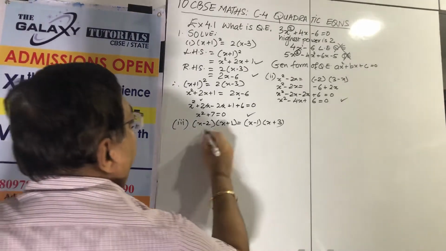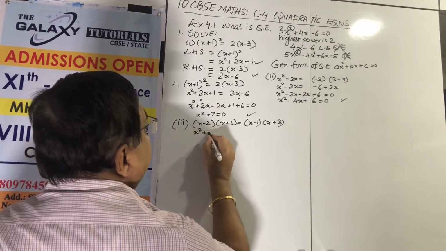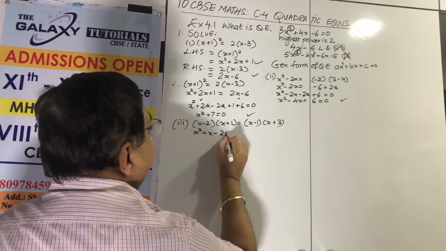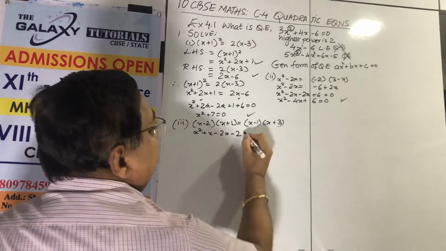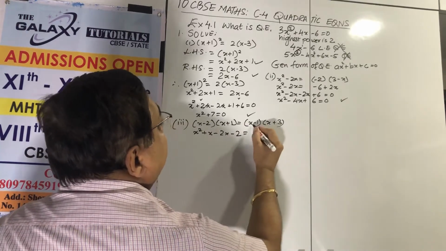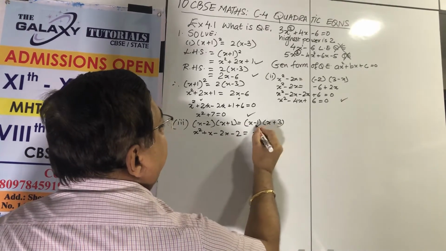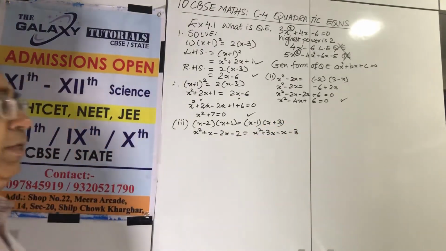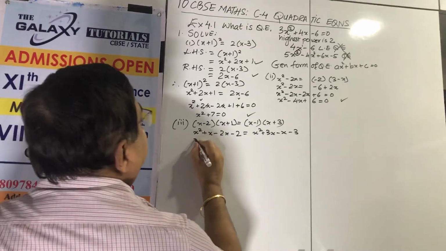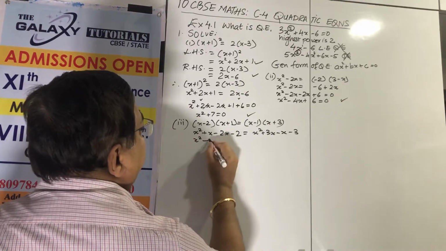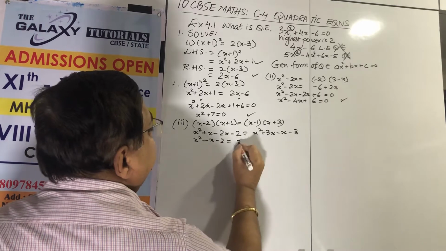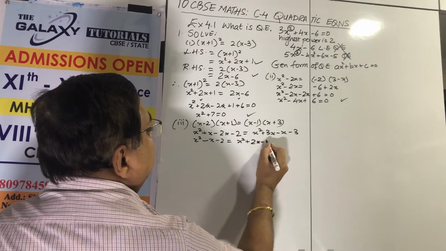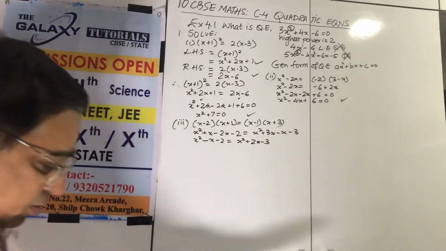So I will open this up. x into x is x square, x into 1 is x, minus 2 into x is minus 2x, minus 2 into plus 1 is minus 2. On the other side, x into x is x square, x into 3 is 3x, minus 1 into x is minus x, minus 1 into plus 3 is minus 3. Be careful with the sign. So x square plus x minus 2x is minus x, minus 2, is x square plus 2x minus 3.